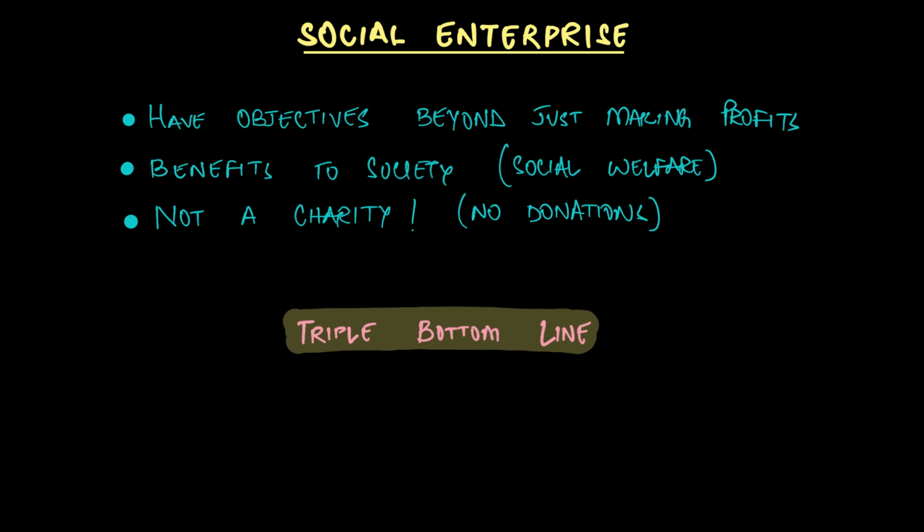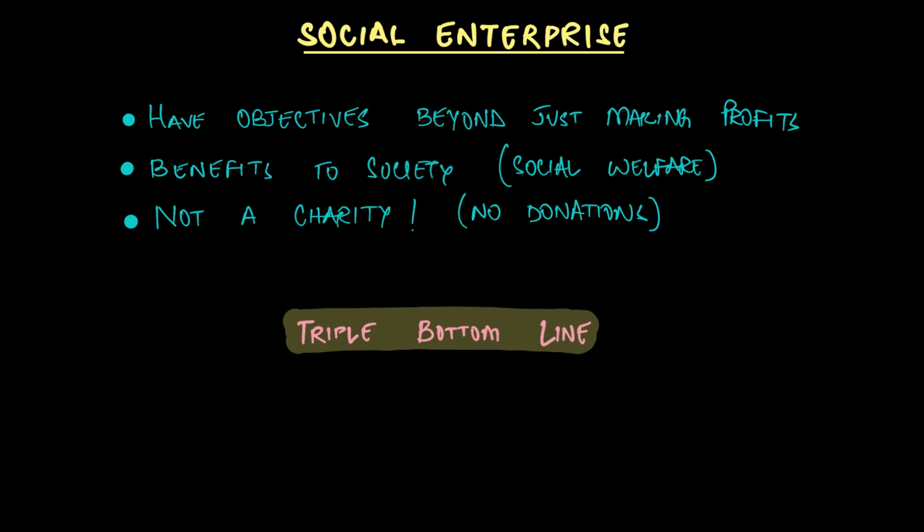However, there's also a particular type of business which is slightly different from the way a normal business enterprise would work. And we call that business a social enterprise. Now, whenever in your course you see the name social come up, you should automatically keep in mind that we're looking at the larger community or the society, which includes not just your customers, but your potential customers and other people who might be impacted by what your business does and the decisions it takes.